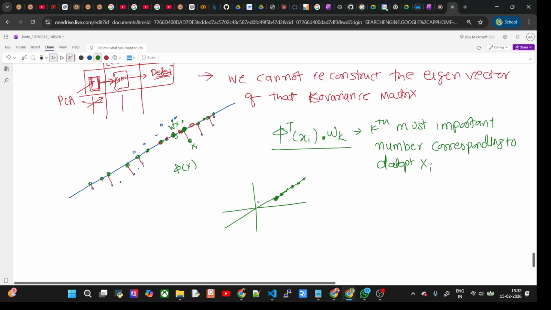So the variance comes from the projections, or the proxies of the points, which each have some amount of contribution to the actual variance.